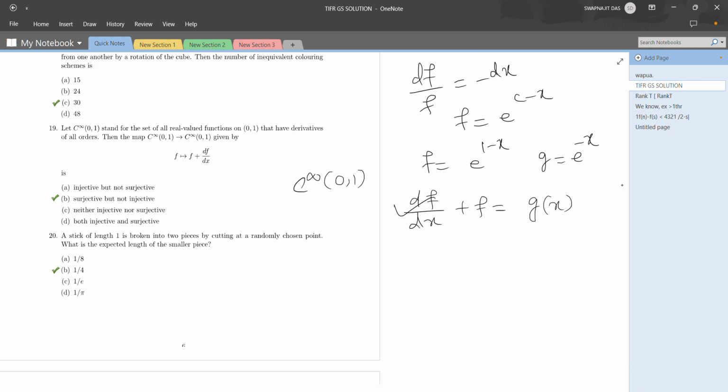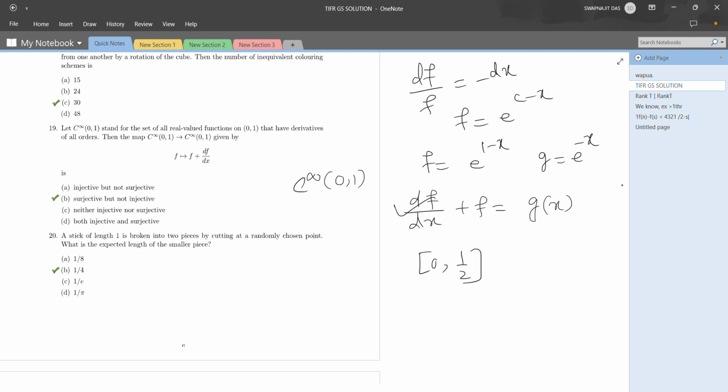Question number 20 is a probability question. It's part of the general section. A stick of length 1 is broken into two pieces, cutting at a randomly chosen point. What is the expected length of the smaller piece? See, the length of the smaller piece always varies from 0 to half, right?